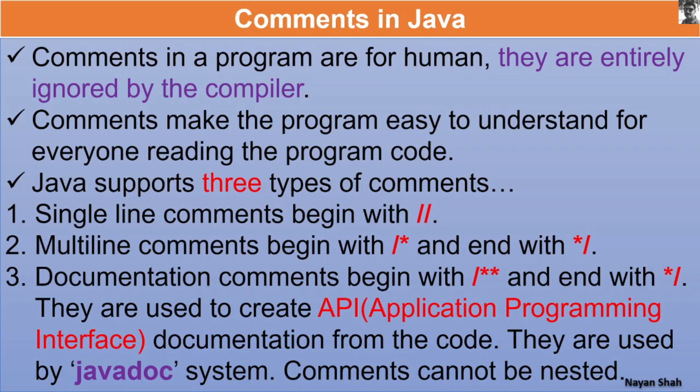API is application programming interface. When you are developing a big software and want to create documentation of your software, these comments are used by the Javadoc system. So remember, these are the three types of comments in Java.